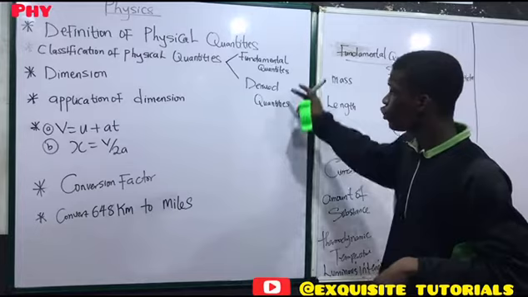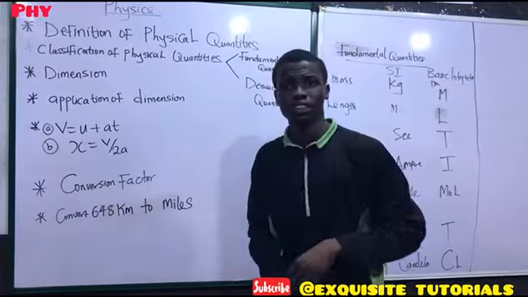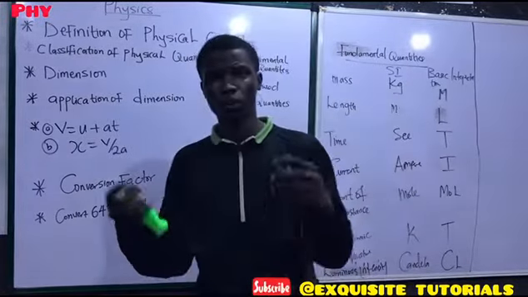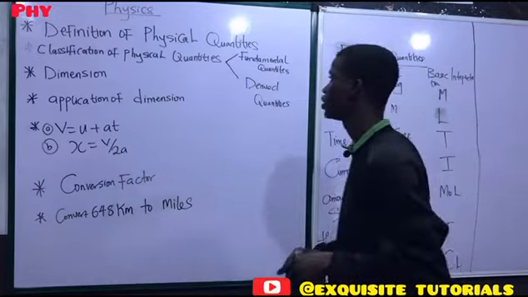Then for the derived quantities, they are formed from the combination of two or more fundamental quantities.